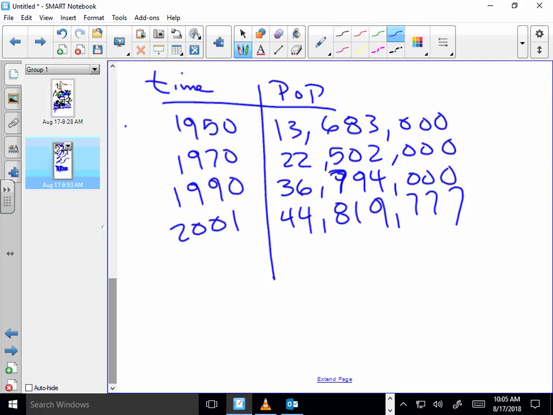Will you use your graphing calculators to build an exponential regression model for me? Oh, please make t equals 0 in 1950 so that we can all talk.